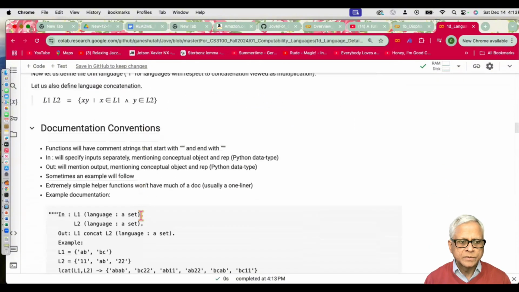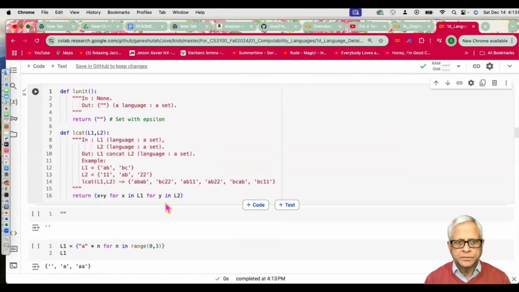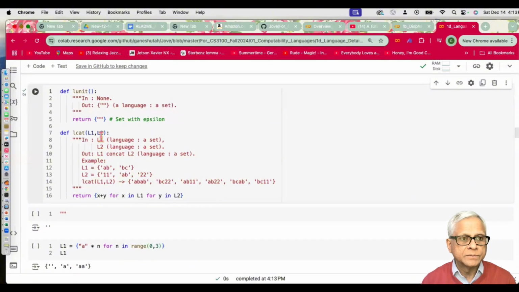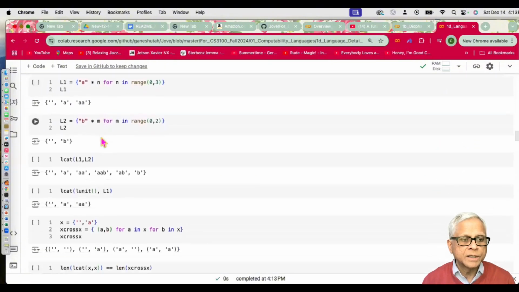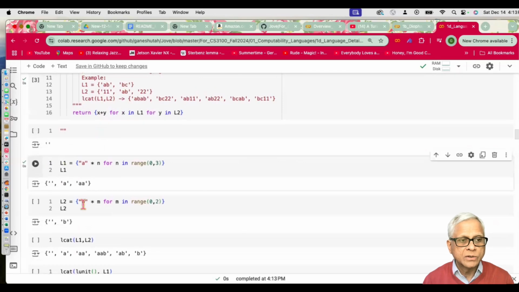And let us say that we want to generate a unit language and concatenate the unit language. Concatenation is going to be illustrated very soon. So let us say I generate a language called L1, which is all the a to the n for n in 0 to 3.